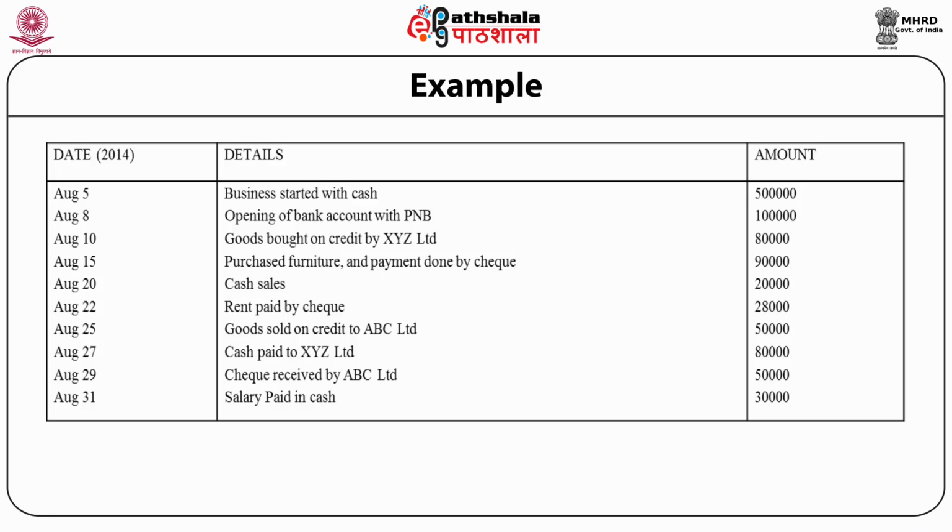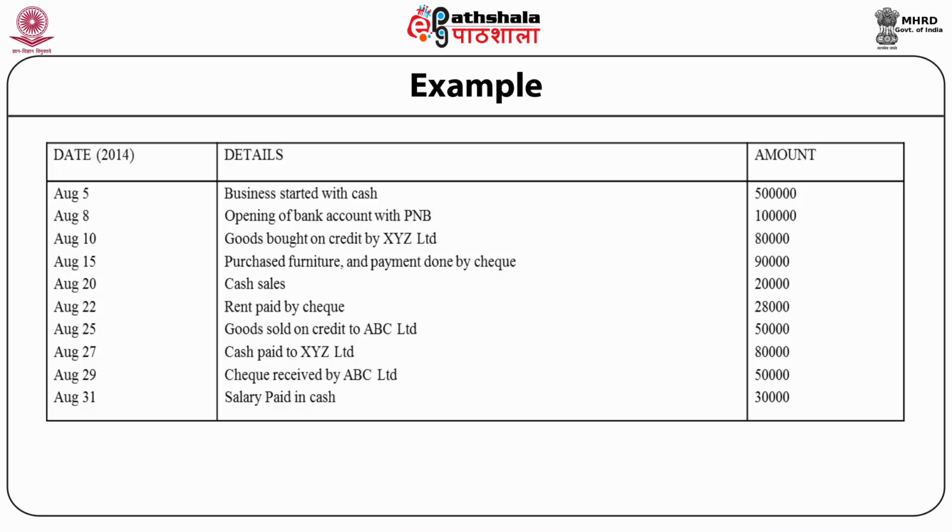August 27, credit side, XYZ Limited rupees 80,000. August 31, on credit side, salary rupees 30,000. Capital account, credit side, August 5, cash rupees 5 lakhs.